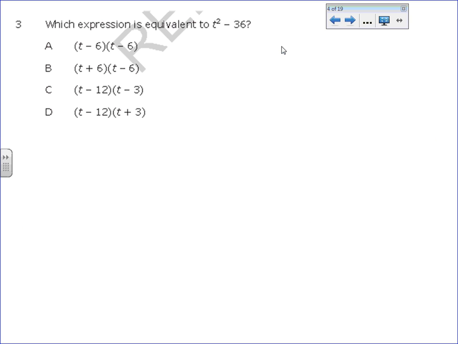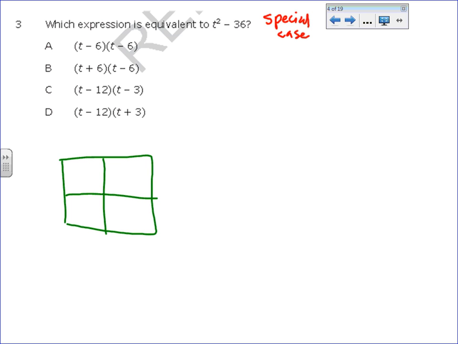Okay, for question number 3, the first thing you should know I'm going to write is what? This is a special case. If you memorize your special cases, you're done. You know which one it is. If you are confused, one option you could do is a box method for each answer choice. So for the first one, you would say t minus 6 times t minus 6.